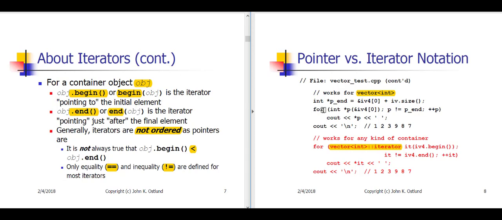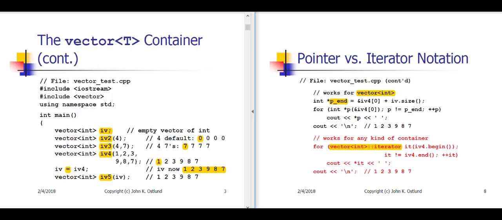So, in the black code here, we're finding the end of the vector, which, recall, is actually one past the last element of the vector, by getting the address of the sub-zero element of IV4 and then adding the size of the vector. So IV4, recall, from slide 3 has 6 elements in it.